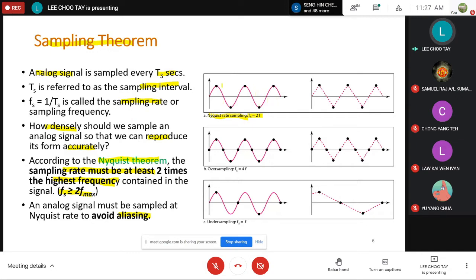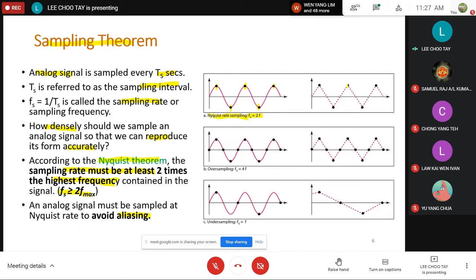If we sample at 2 times the frequency of this sine wave, meaning during each interval we take 2 sampling points, we will be able to get a close approximation of the analog signal.